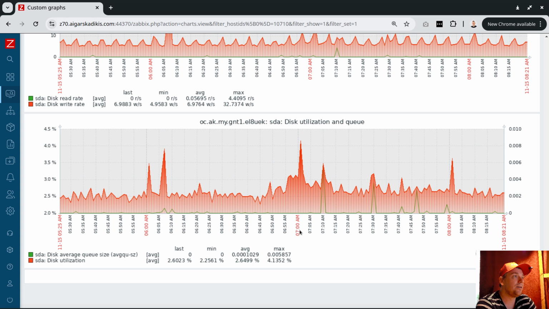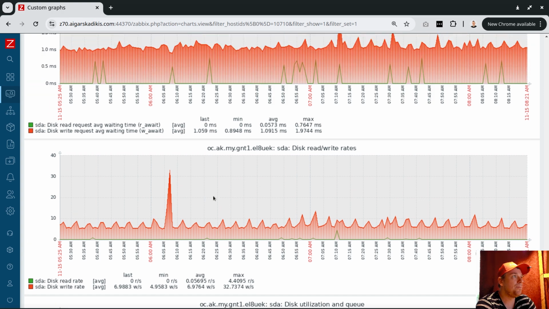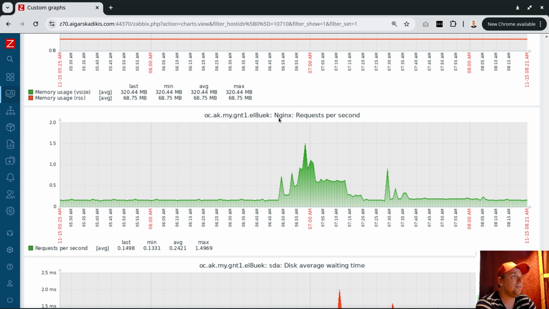And maybe here we see the disk utilization, whether the disk write is happening or not happening. And here is my second template, web server monitoring. We see Nginx is doing something. Okay, so I like this section so much.